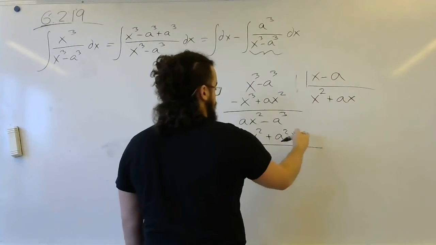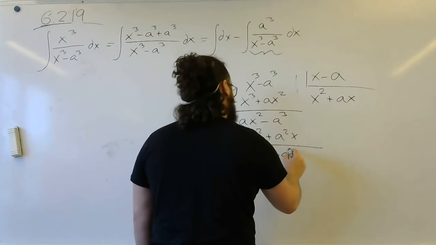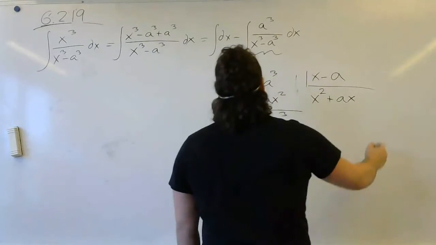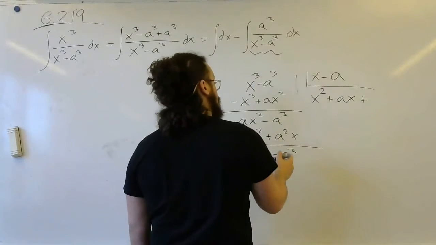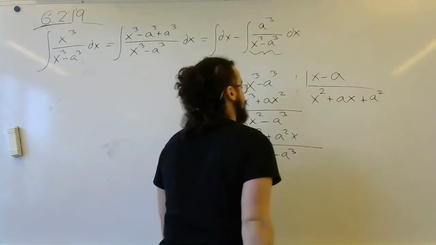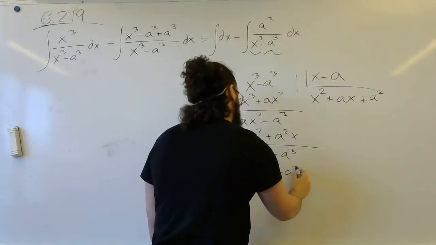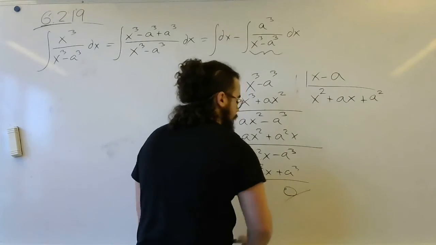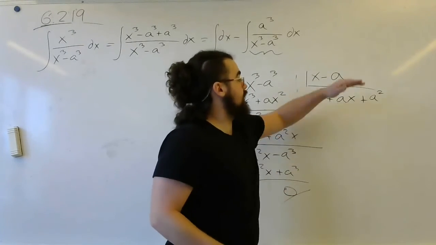And our remainder is this thing here. And here we multiply by a squared. We get minus a squared x plus a cubed, which is 0. So our polynomial is this thing times this thing.